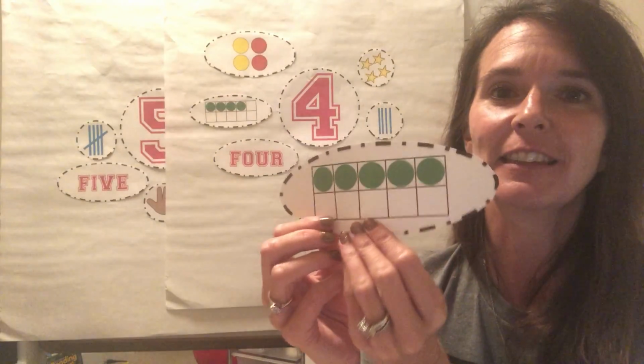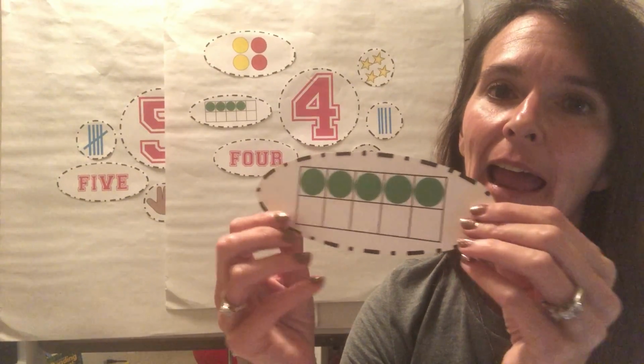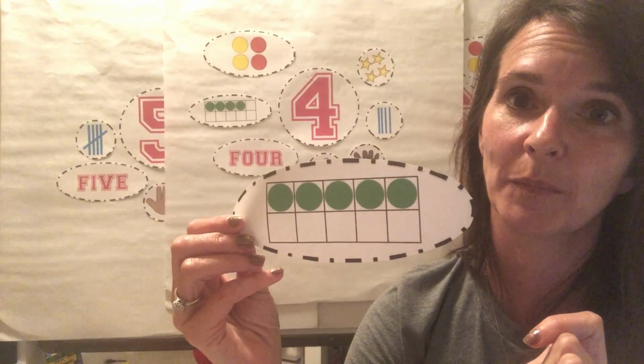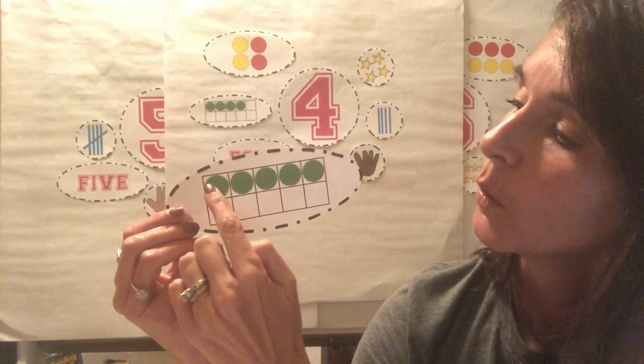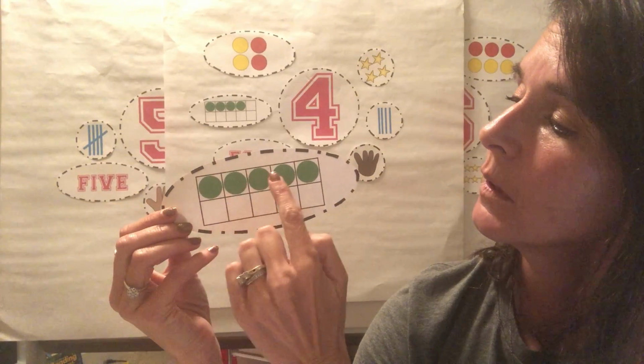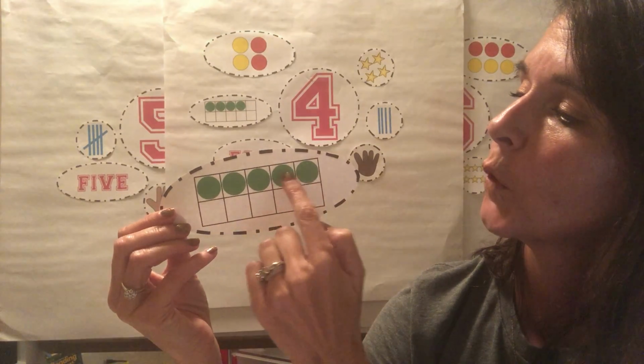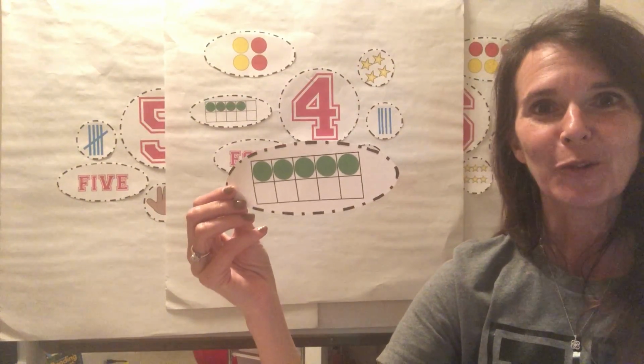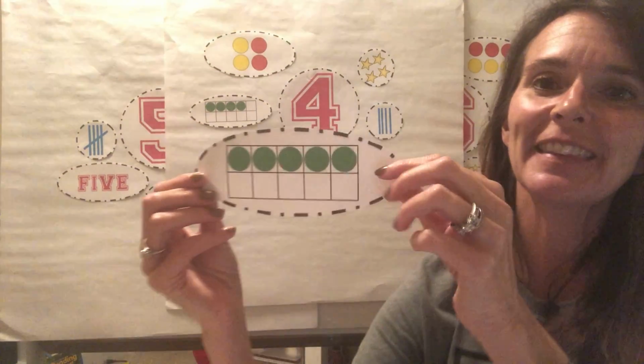Okay, let's look at the 10 frame. How many dots do I have on the 10 frame? 1, 2, 3, 4, 5. We have another one for poster number 5. Now look at this.